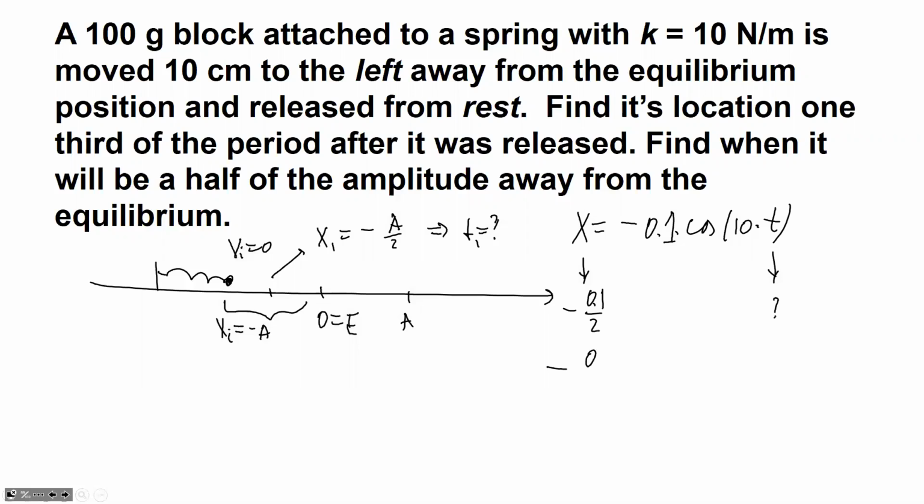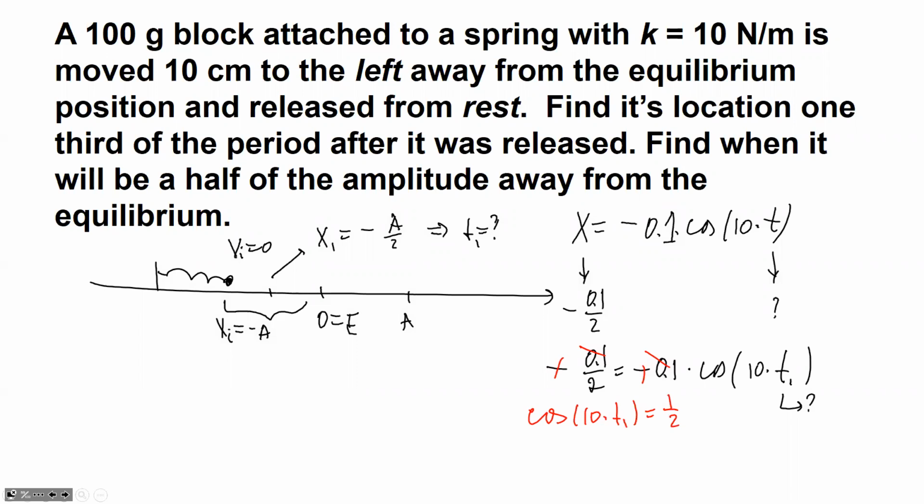So negative 0.1 over 2 should be equal to negative 0.1 times cosine of 10 times the unknown time we are looking for. Well, actually, in this case, the actual amplitude does not matter. We can cancel these numbers. And we need to solve this equation. Cosine of 10 times an unknown equals 1/2.